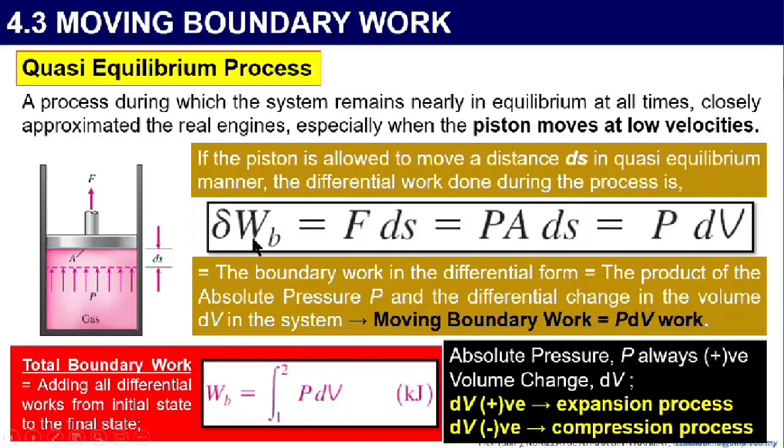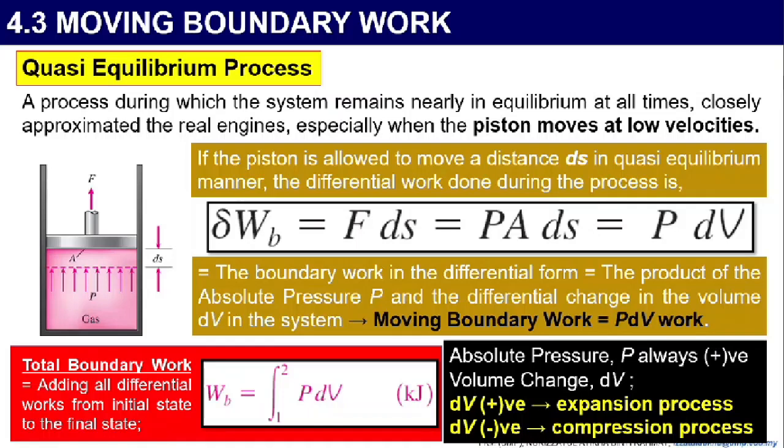So this is the equation for moving boundary work, in differential form, where it is the product of the absolute pressure and the differential change in the volume dV of the system. So we call this equation moving boundary work. Usually in a question, they will ask you to calculate the moving boundary work for a particular system.